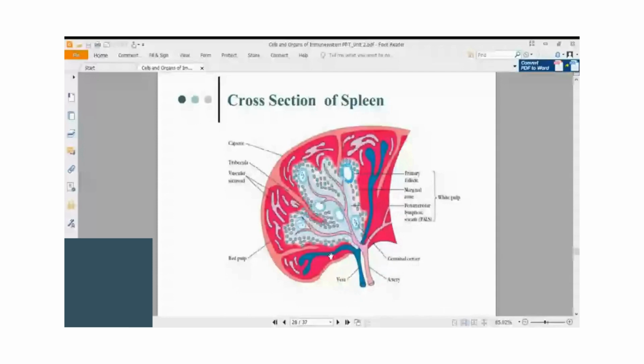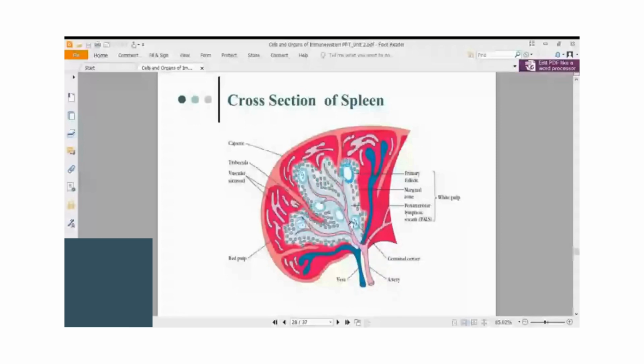White pulp is the area where T and B lymphocytes undergo commitment and activation against a particular antigen. The periarteriolar lymphoid sheath is where the naive B and T lymphocytes are present. You can see that the spleen is drained by a vein and supplied by an artery.